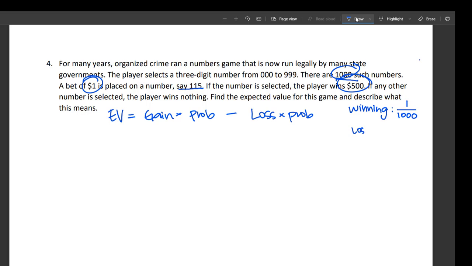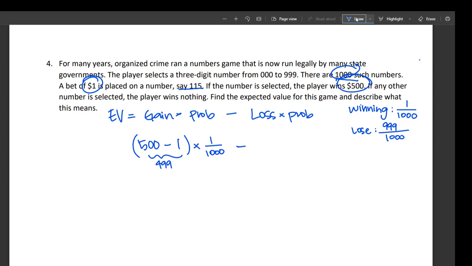That means that our probability of losing is 999 out of 1,000, because there's 999 numbers left that are not winners. So it says that we win $500 if we pick that number that is selected. But don't forget, we had to put in $1 to play. And the probability of us winning is 1 out of 1,000.